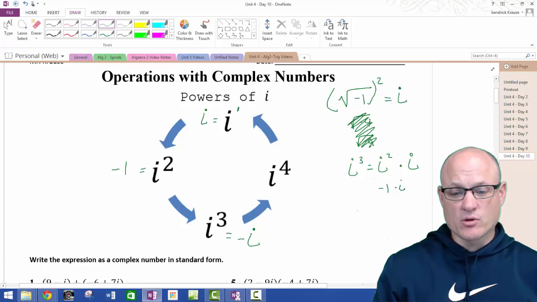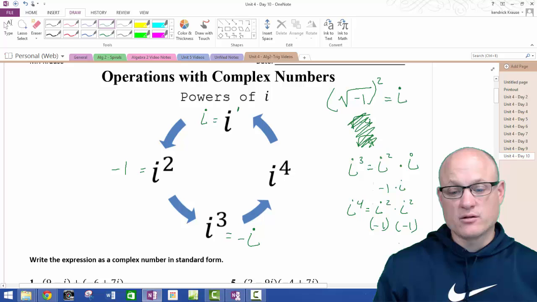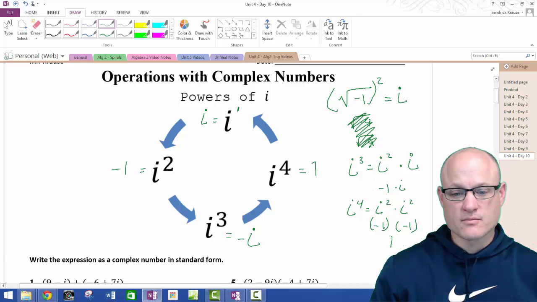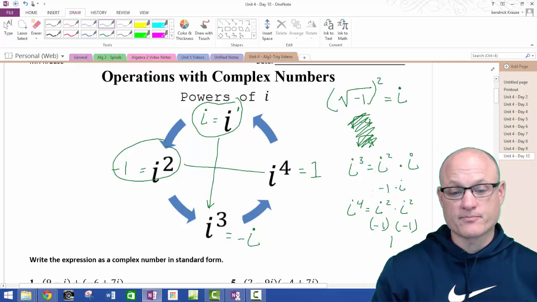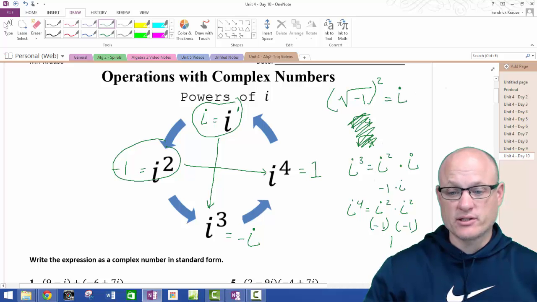And i to the 4th can be written as i squared times i squared, which is -1 times -1, which is just 1. So when you're dealing with the i circle, if you remember these two, i squared is -1 and i is just i, the opposites are just the negations of it. And that's what we're going to deal with.